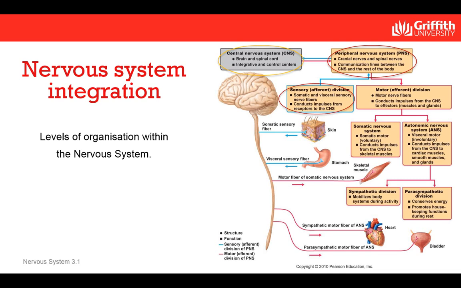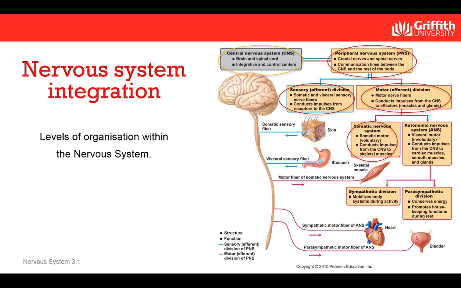Functionally, the peripheral nervous system has two subdivisions. The sensory or afferent division, conveying information to the central nervous system from the sensory receptors located out in the periphery. And the motor or efferent division, which transmits impulses away from the CNS to the effector organs, the muscles and the glands.